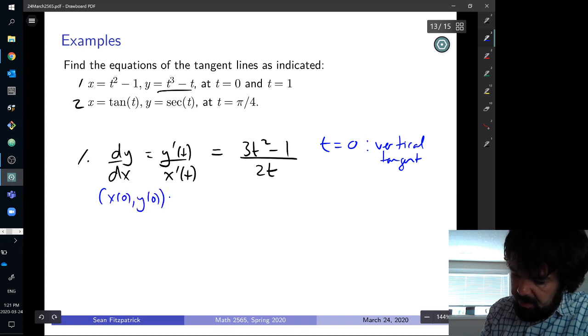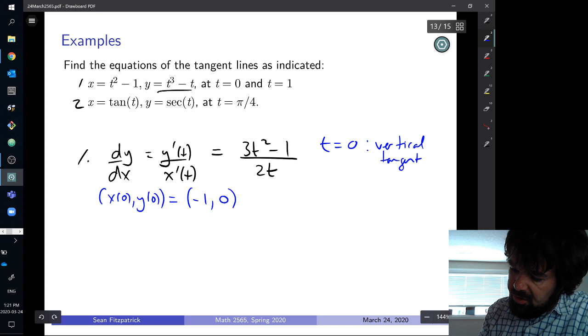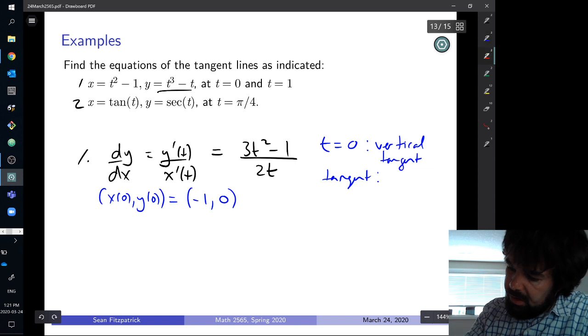We don't really need y of 0, but let's do it anyway. When t is equal to 0, x is equal to minus 1, and y is equal to 0. So the tangent line is simply x equals minus 1.